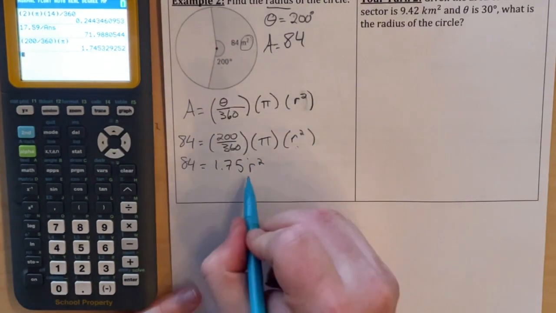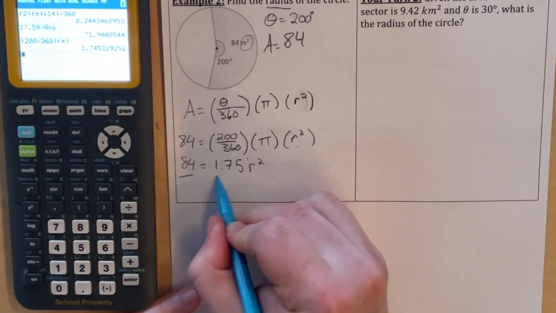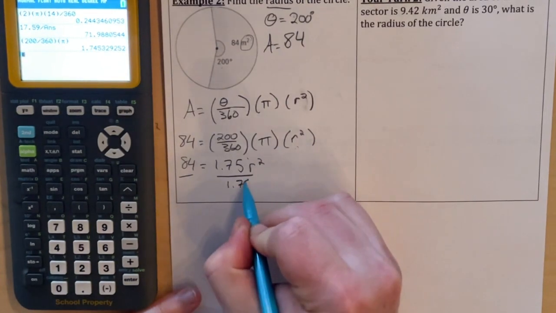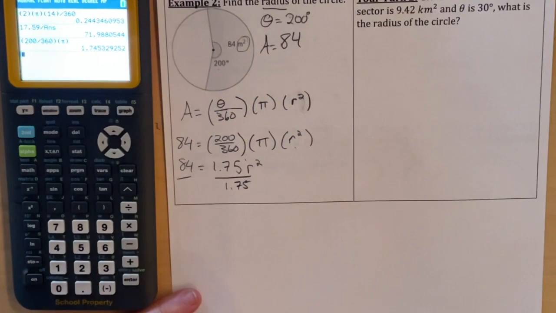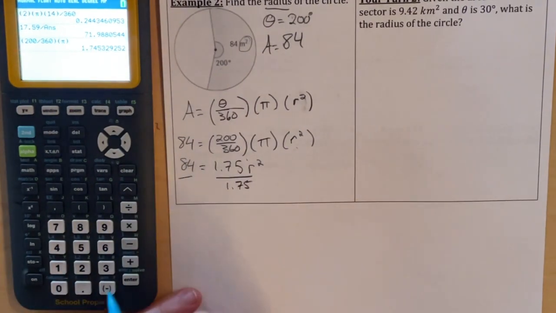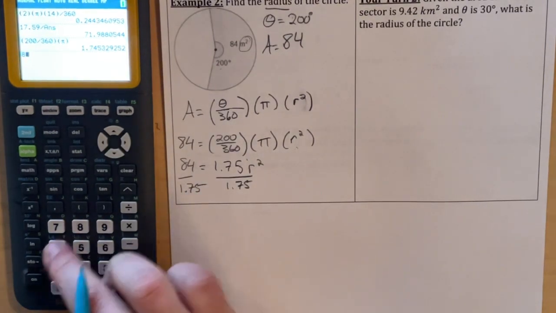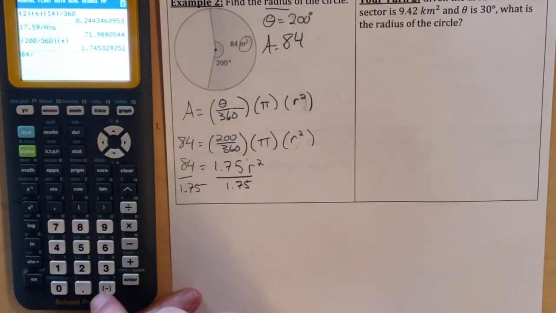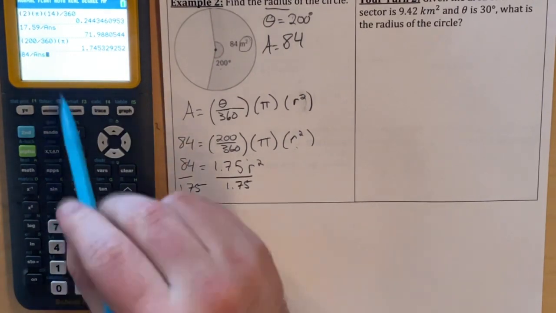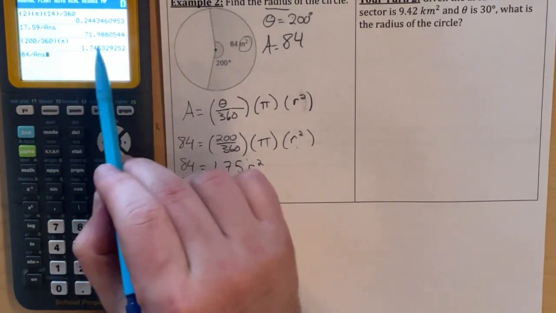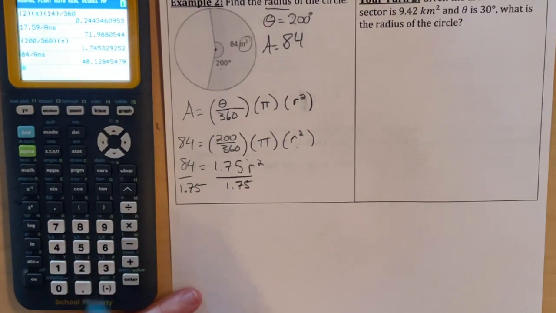Again, divide both sides by that coefficient. I like to use that decimal value that's already in there, so I usually just use second and then the ANS button to keep it more accurate. So I'm going to say 84 divided by second and then the negative symbol to get that ANS. So it's going to take that whole entire value and divide it out.